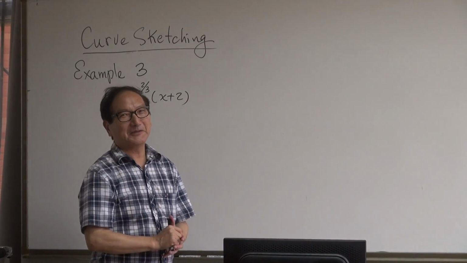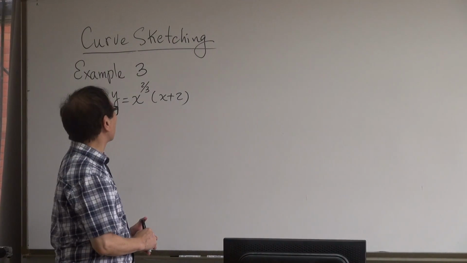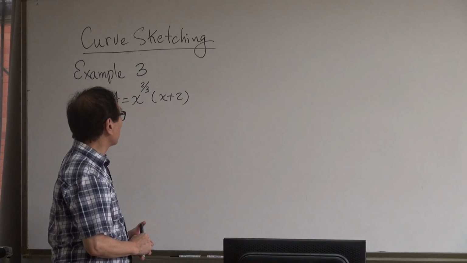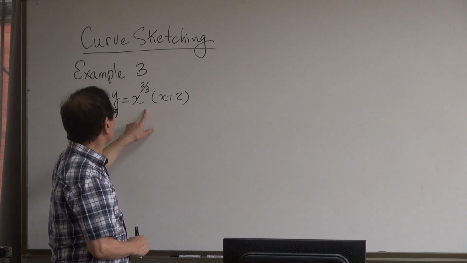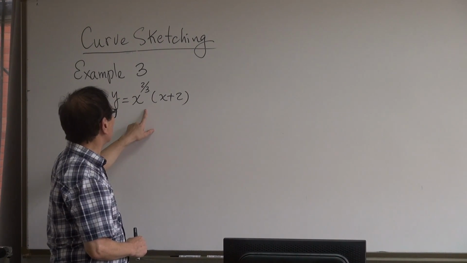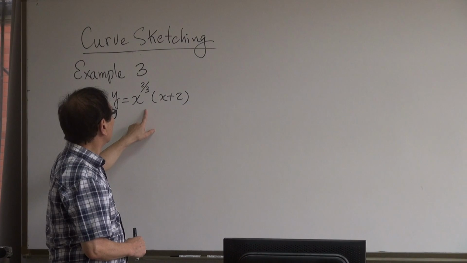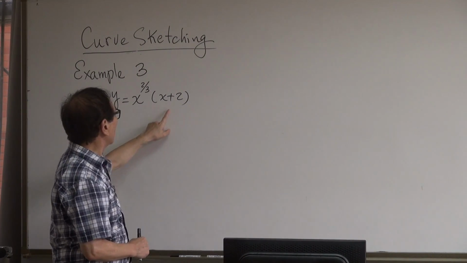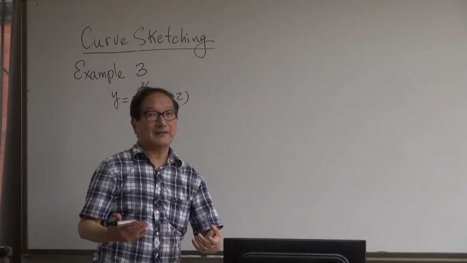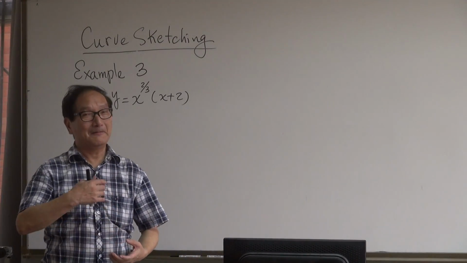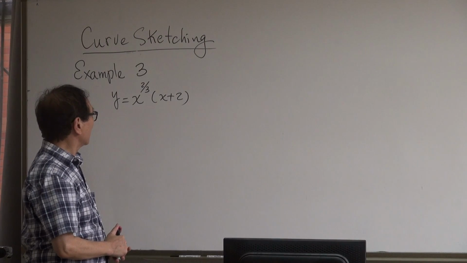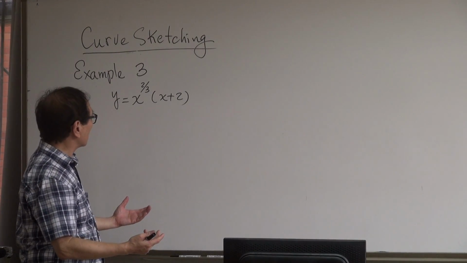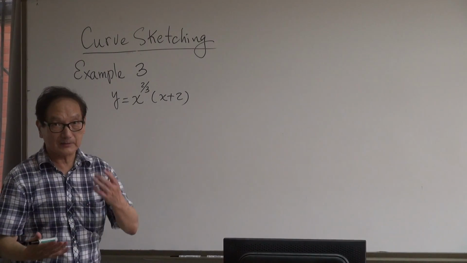Alright, let's continue today with example 3 for curve sketching. Let's take a look at this example. y equals x to the power of 2/3 multiplied by x plus 2. Now this is not an easy function for sketching a curve, because we only know that when x equals 0, y equals 0, nothing else.